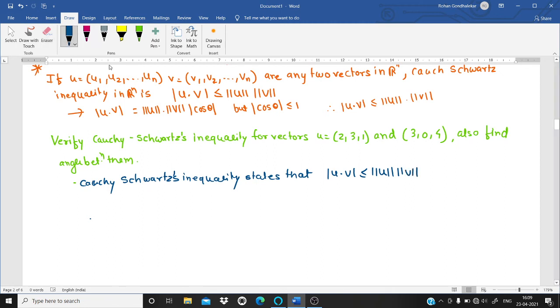First of all we need to calculate norm u. So norm u will be the square root of 2 square plus 3 square plus 1 square. This is my u vector, so I take the sum of squares of the components. 2 square is 4, 3 square is 9, plus 1, which gives 14. So the answer is root 14.